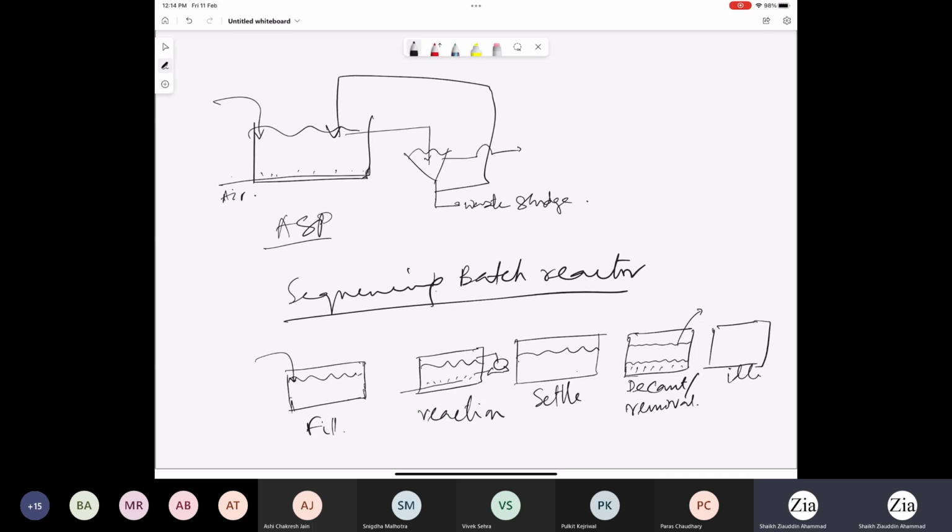Whereas in a sequencing batch reactor, even if you go for 2 different systems, or if you have 5 such batch reactors running in series, you can do this operation in a continuous mode.